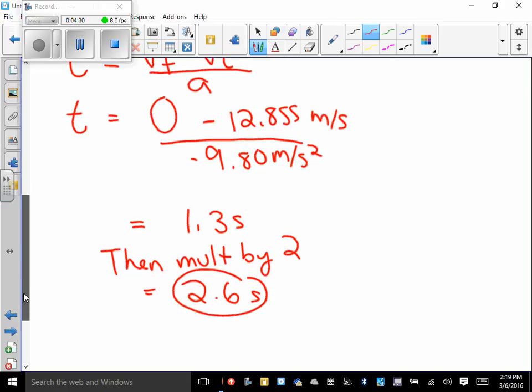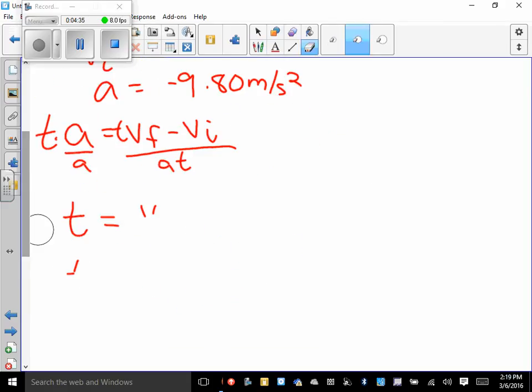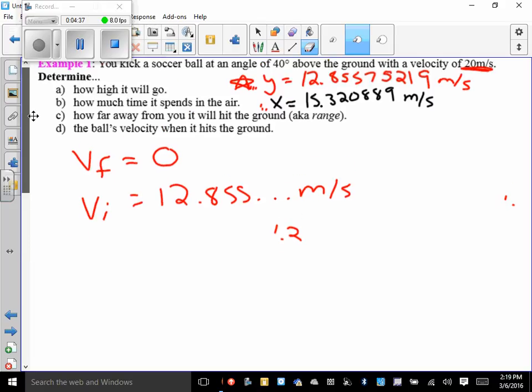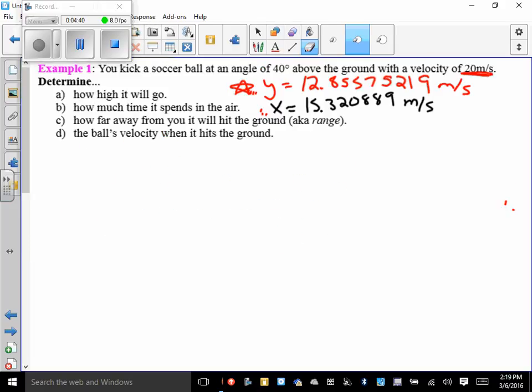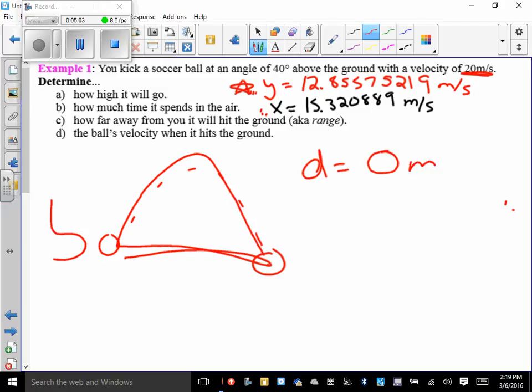Okay? And finally, there's a third method we could use to solve this problem. This third method assumes that the ball strikes the ground at the same height it left the ground from. Well, that makes sense. I kick the ball, and it comes back to the same height. So my total displacement, even though I've gone up and back down, is 0 meters.